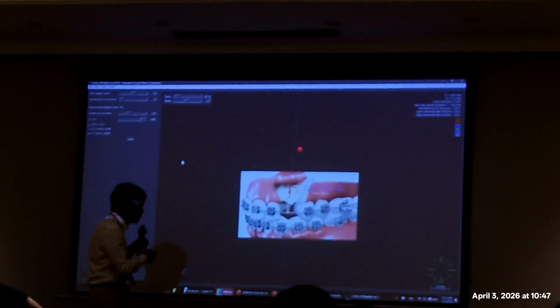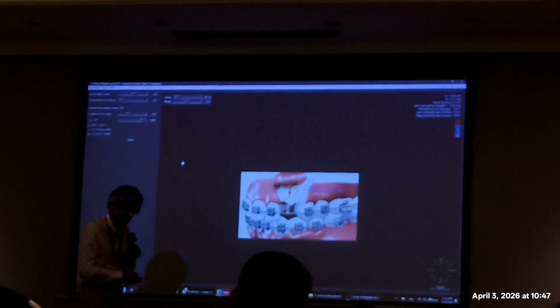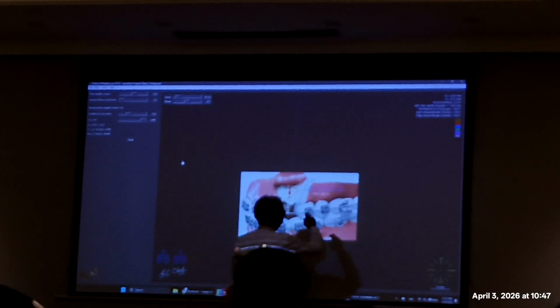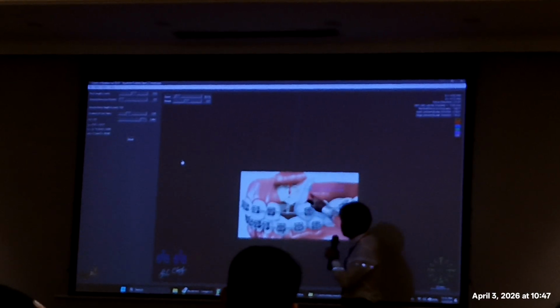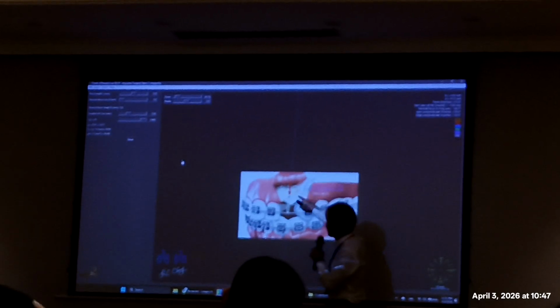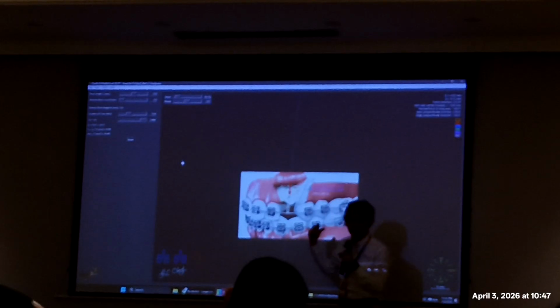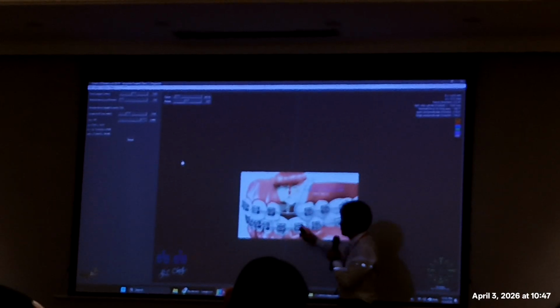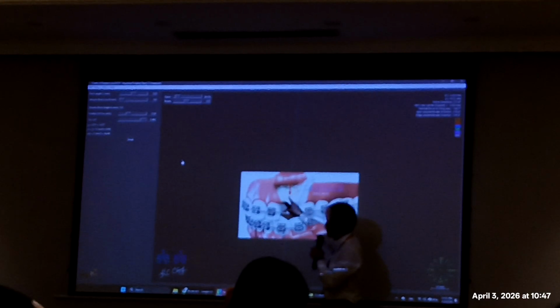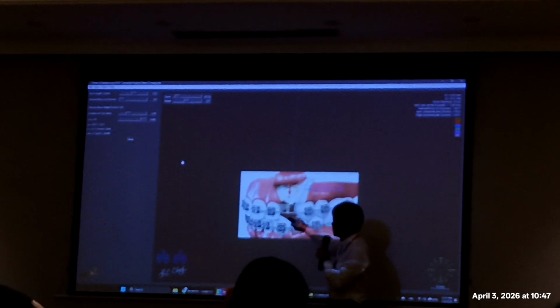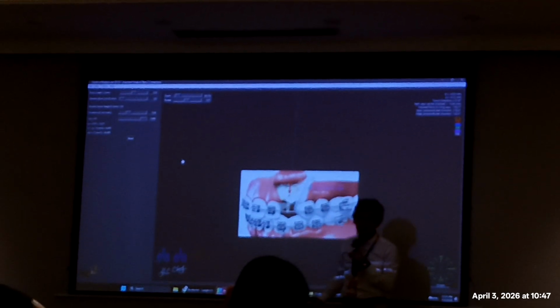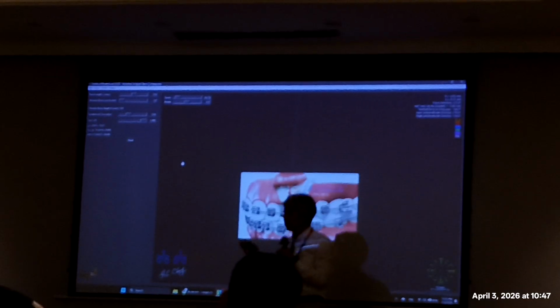If the force is applied like this, rather than the center of resistance moving forward, the center of resistance moves downward, parallel with the line of action, and the crown moves backward like this. So if you put the bracket over here and put the force downward, it's going to move like this. And that's not what you want to move, right?